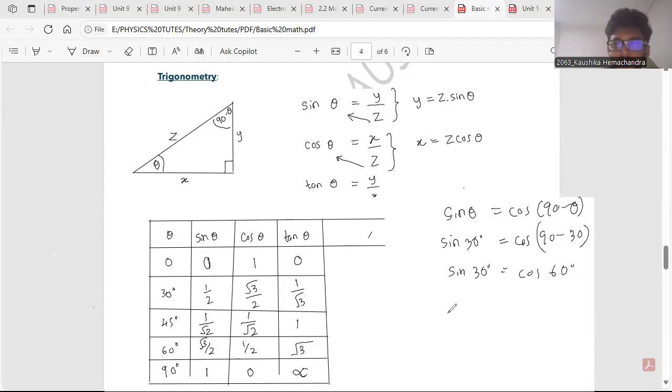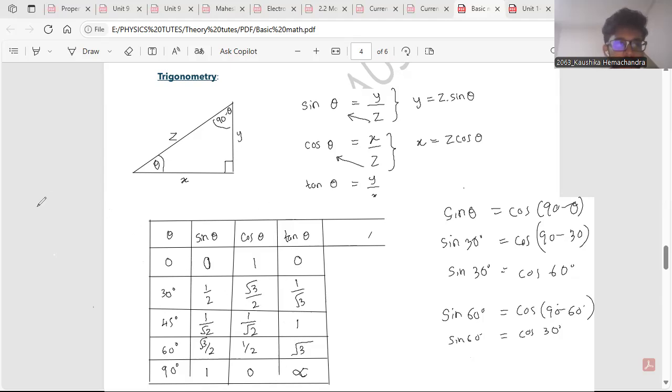Right? So then take sin 60. Then you get cos of 90 minus 60. You get sin 60 equals cos 30. Sin 60 is root 3 over 2. Cos 30 is root 3 over 2. Equal.